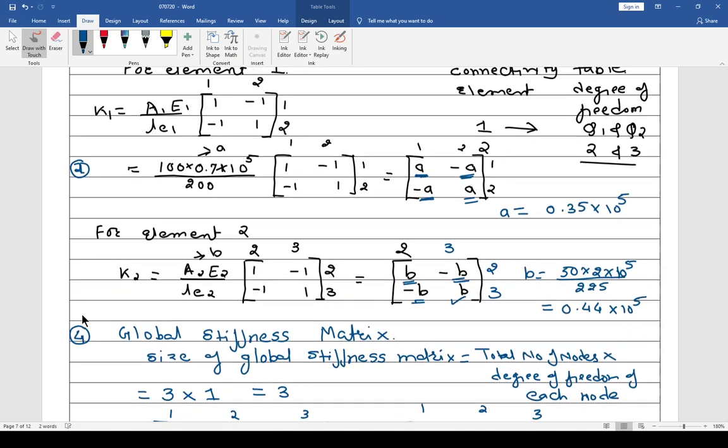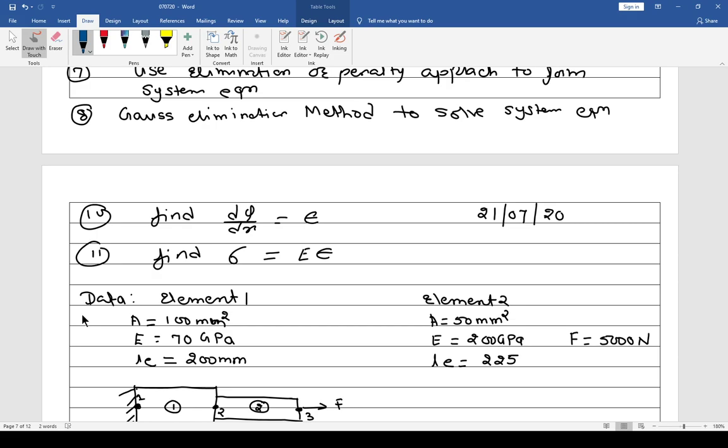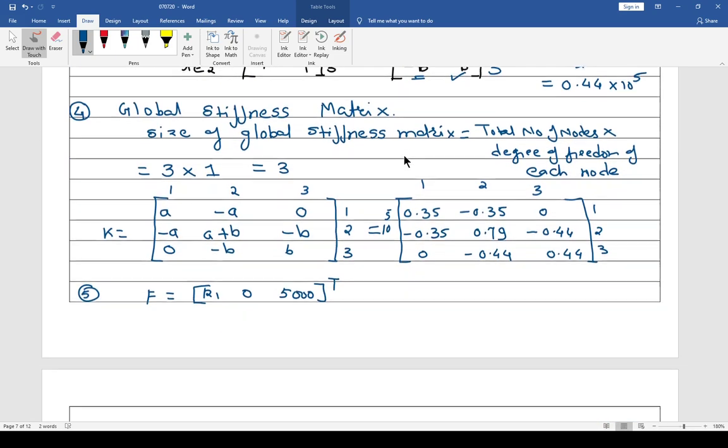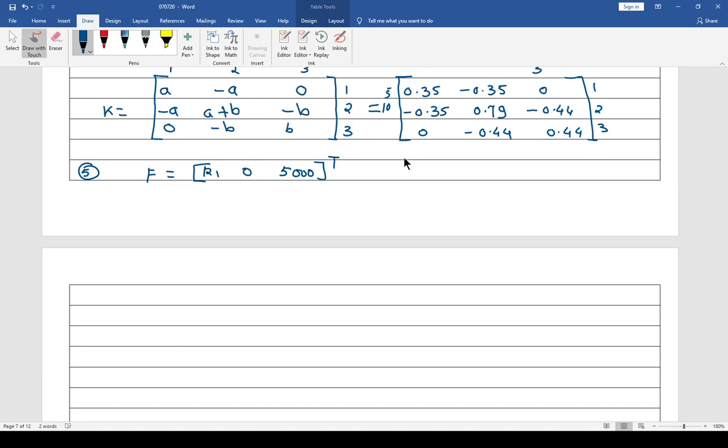Then write the FEM equation KQ equal to F. Okay, so let's write my FEM equation. So take the 6th step, FEM equation.